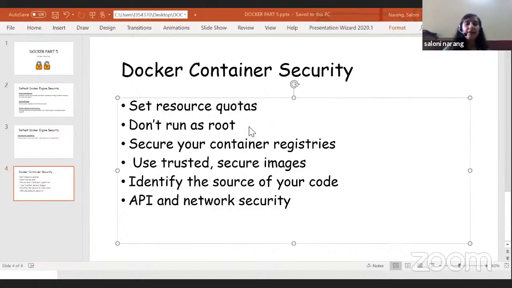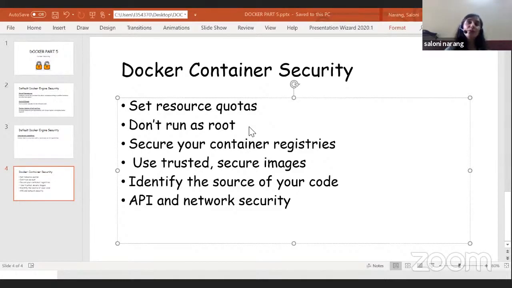Then, coming to the fourth point, use trusted secure images. Speaking of registries, you should also be sure that the container images you pull are from a trusted source.